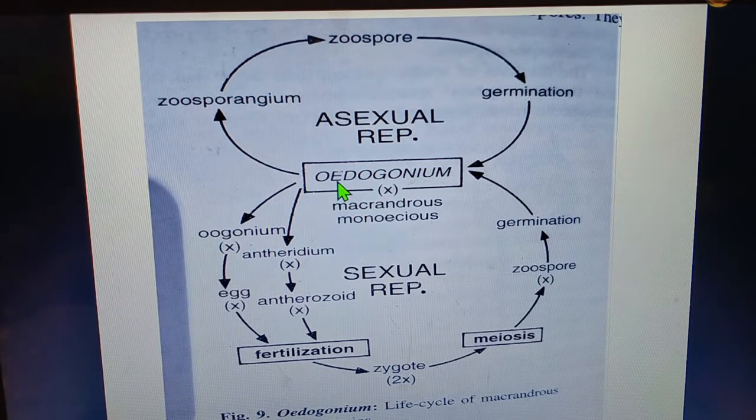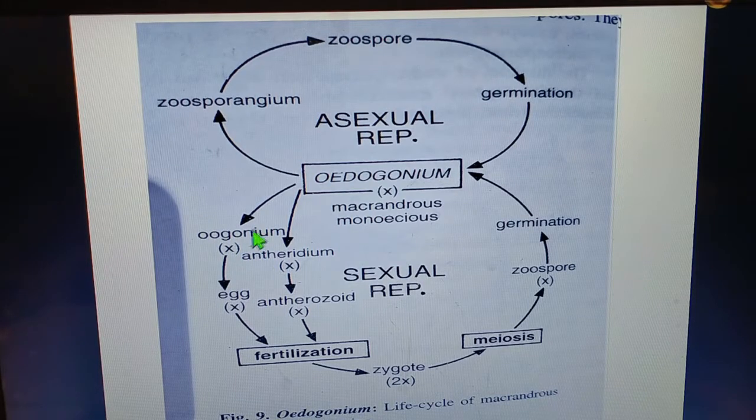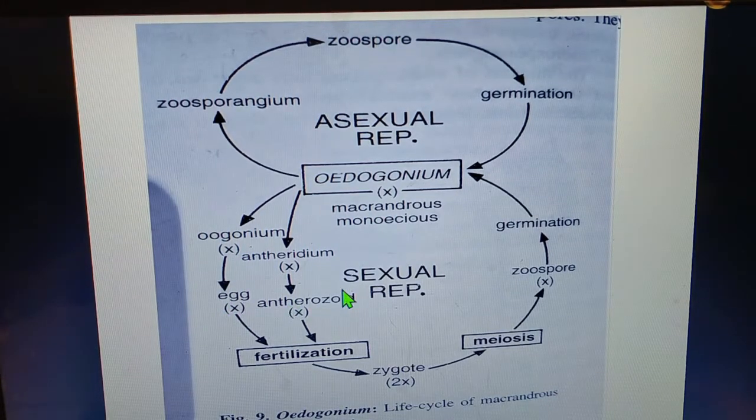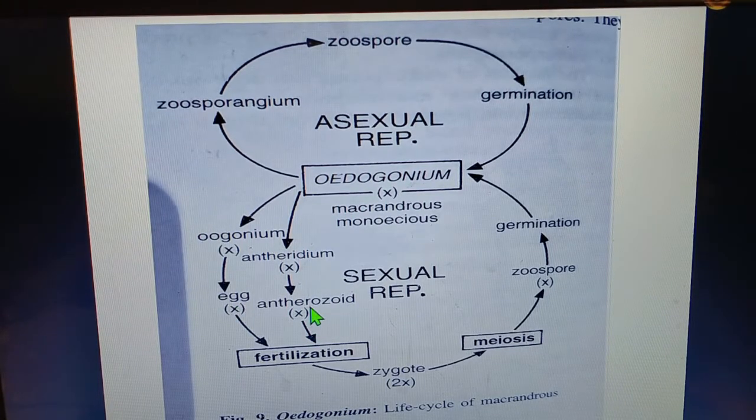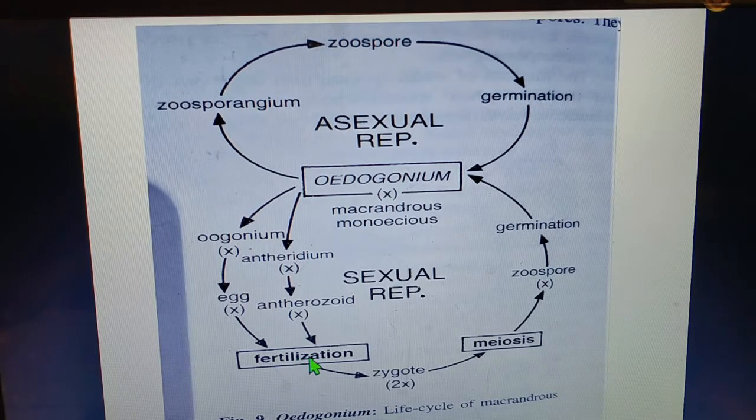Okay, so from here we get a haploid Oogonium and a haploid Antheridium, which will give rise to the haploid egg and the haploid antherozoid respectively, the female and the male gamete. When these male and female gametes undergo fertilization, because haploid and haploid combine, they will fuse together to give rise to a diploid zygote.